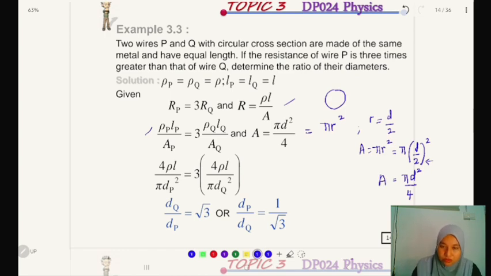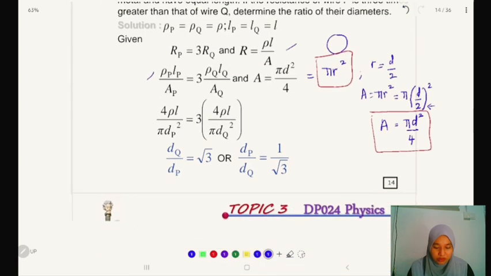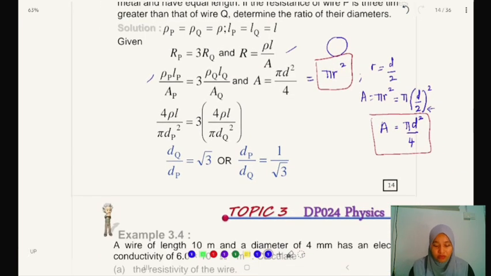So, formula lain untuk area adalah pi D square over 4 ataupun pi R square. Okay, cikgu harap awak tahulah benda ni kan. So, dia soalan nak cari diameter, that's why dia guna pi D square over 4 tu. Kalau awak nak guna pi R square boleh juga. Awak kira R dulu, kemudian nanti awak tukarlah.